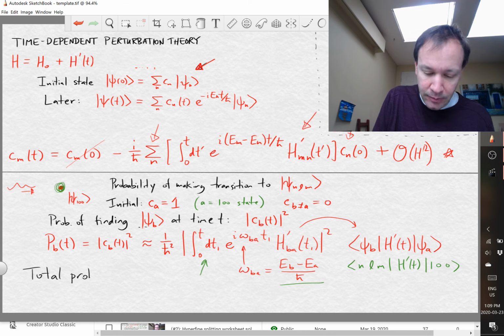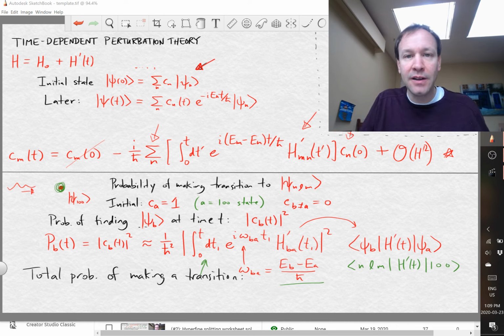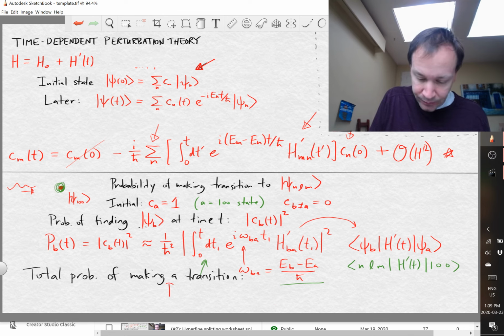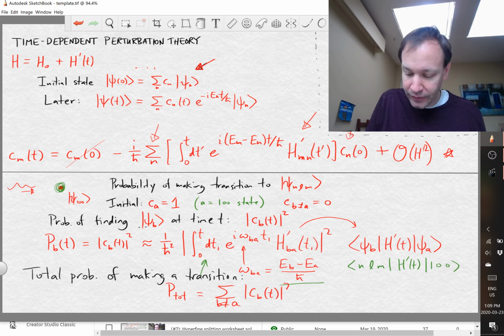The total probability of making a transition is of course then just the sum over all the possible final states. So P total is just the sum over all the states B not equal to A of CB of t squared.